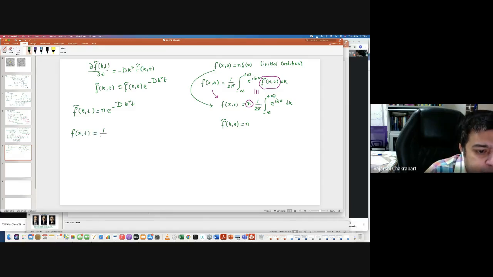Again I write it down. It is a Fourier transformation, no? This is your definition, exactly the one I used here. Now this is going to be what? 1 by twice pi times N times e to the power of minus dk square t.